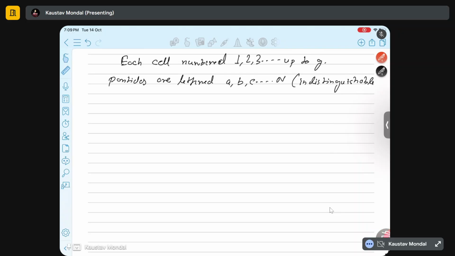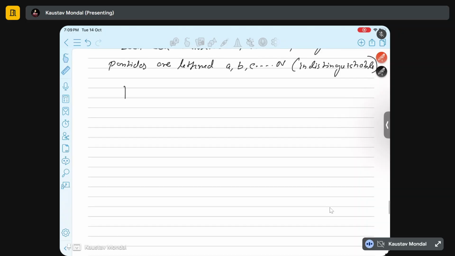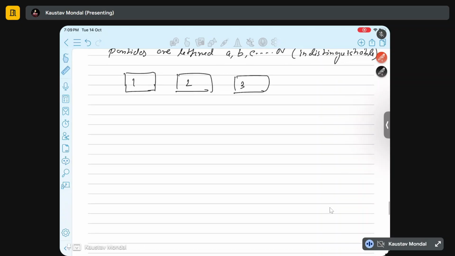These are basically the energy boxes. Let's label each box 1, 2, 3, and the particles can distribute like this: box 1 has A, B; box 2 has C; box 3 maybe has nothing; box 4 has D, E, F. So this is a particular sequence by which the particles can be distributed. Each such sequence gives you a microstate.